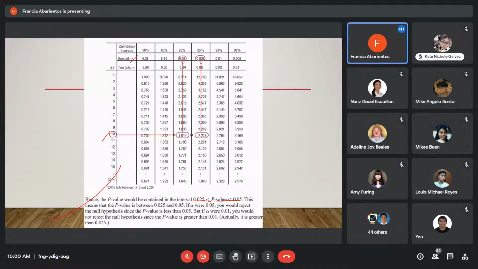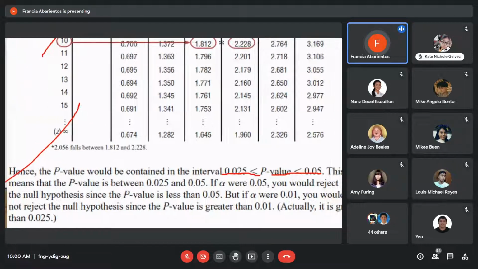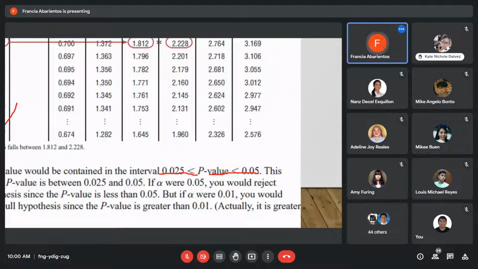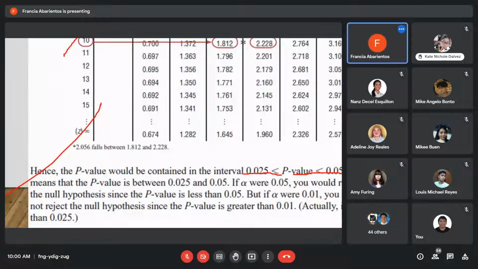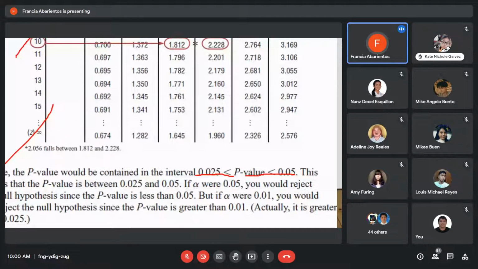This means that the p-value is between 0.025 and 0.05. Yung alpha natin, if your alpha is 0.05, you would reject the null hypothesis. Okay? Since the p-value is less than 0.05.